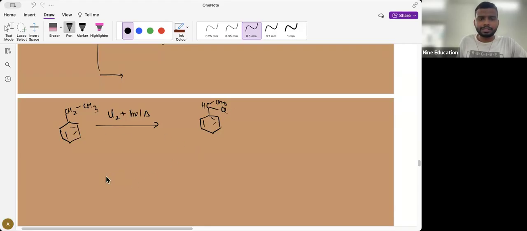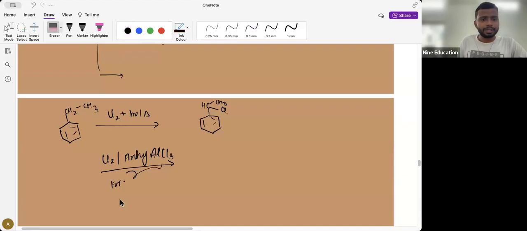In the same reaction, if I am putting Cl2 anhydrous AlCl3, so this will be our Friedel-Crafts, है ना? Right.